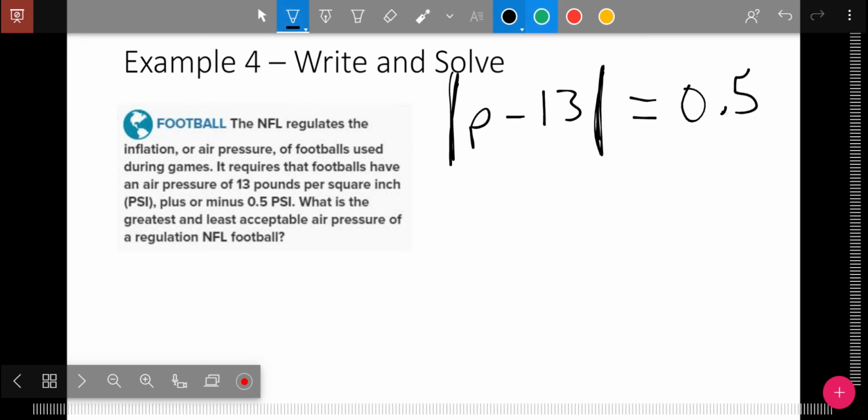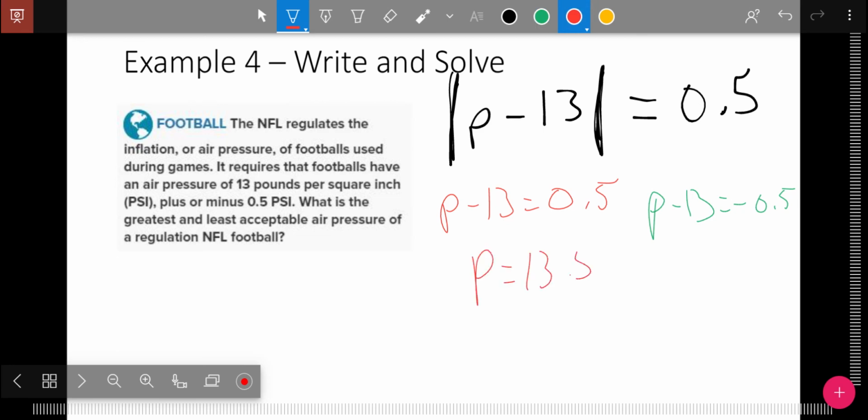And so I would do my case 1, case 2: P minus 13 equals 0.5, and P minus 13 equals negative 0.5. In both cases, I want to add 13 to both sides. Here I get 13.5.